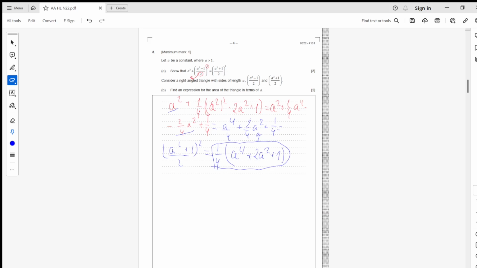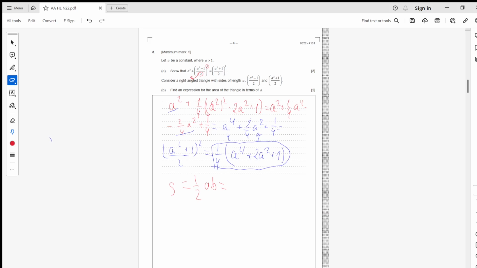And the second question asks us to find an expression for the area of the triangle. And also it's right angled. So what do we know about right triangles? Well, the area of a right triangle is 1 over 2 AB.